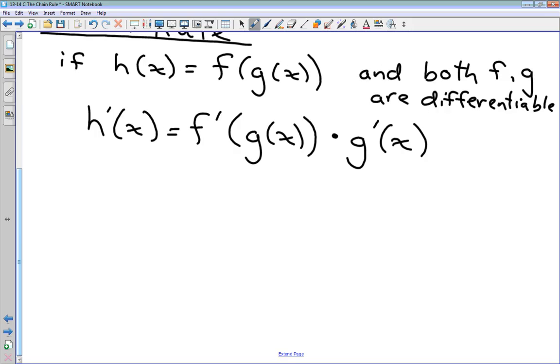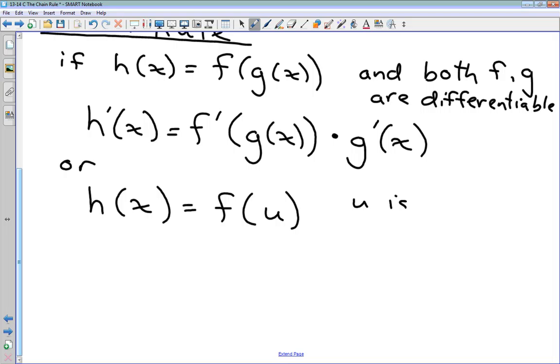Now, sometimes you will see this written with an extra variable thrown in. Okay? We'll say that our original function h at x is some function with some variable other than x. Let's call it u.